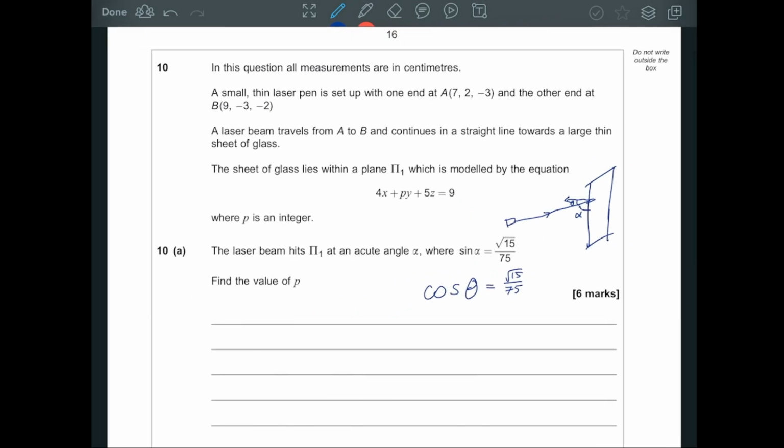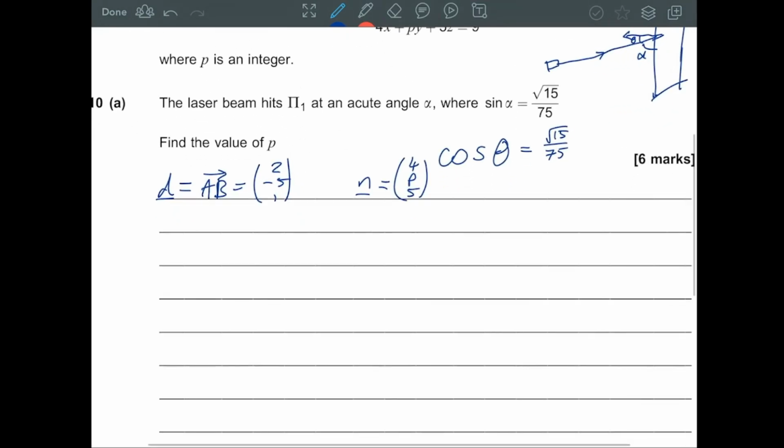So now let's just do that method. Let's call the direction of the line AB. So that's B minus A, which is 2, minus 5, 1. And the other vector we care about is the normal vector, 4, p, 5. So what do we need?